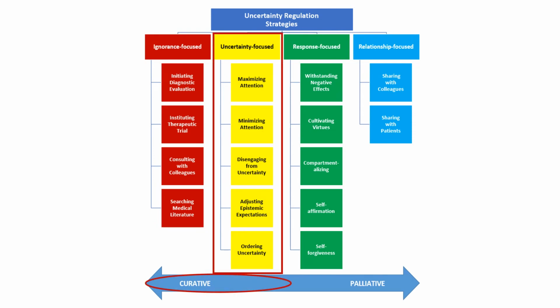Uncertainty-focused strategies, in contrast, aim not to reduce ignorance, but to adjust or modify one's metacognitive awareness of it. These strategies include maximizing or minimizing attention to one's own ignorance, disengaging from uncertainty in various ways, adjusting one's epistemic expectations, that is, how much knowledge one actually needs or will pursue, and also ordering uncertainty, organizing it in some ways, such as establishing rules or guidelines that can help bring some organizational structure to uncertainty.